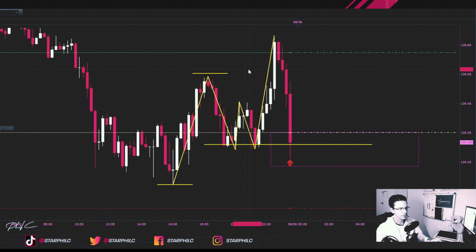So after a new structure high, I'm waiting for a pullback. Where am I waiting for a pullback? All the way back down into where we're resting at right now. This structure level right here, okay? When price action tests this level, you can see every time we do, we get some kind of reaction out of the markets.